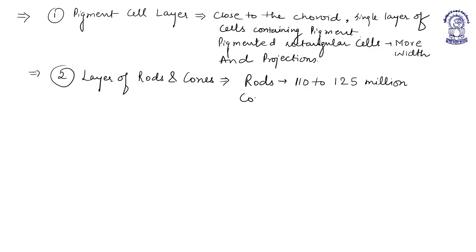And the number of cone cells is 6.3 to 6.8 million. The rods contain a photosensitive pigment called rhodopsin, also known as visual purple.